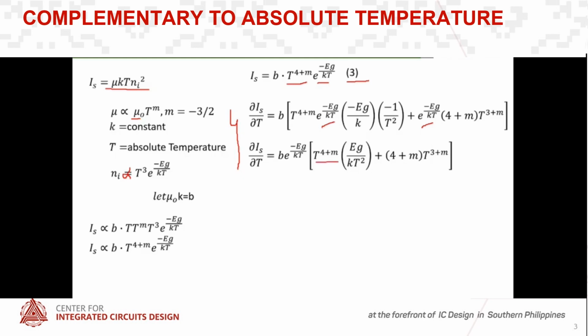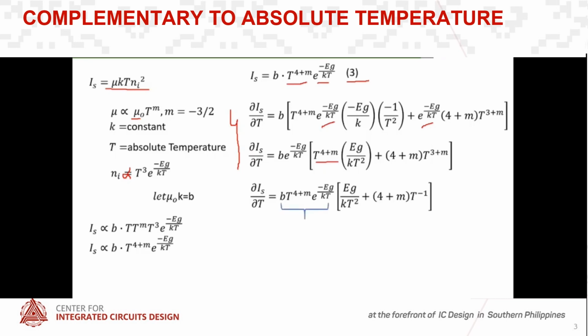It is not explicitly the same, but we can make them the same. So we have T raised to the 4 plus m outside, and what we have left is Eg over kT squared plus 4 plus m times T raised to negative 1. Right? If you add 1 to 3, it is 4 again, so the term is still equal.